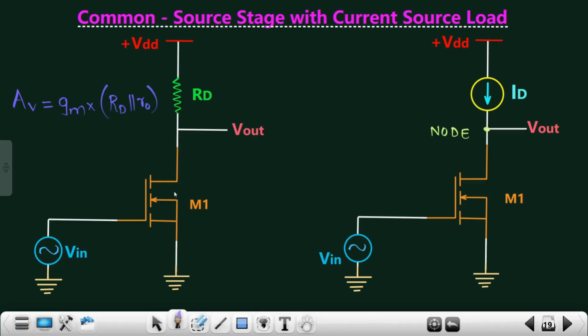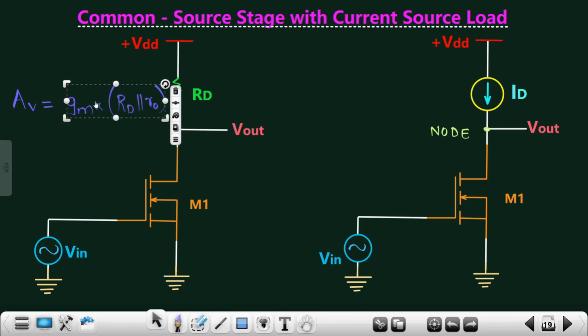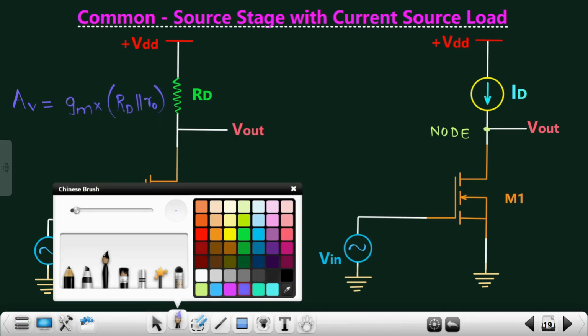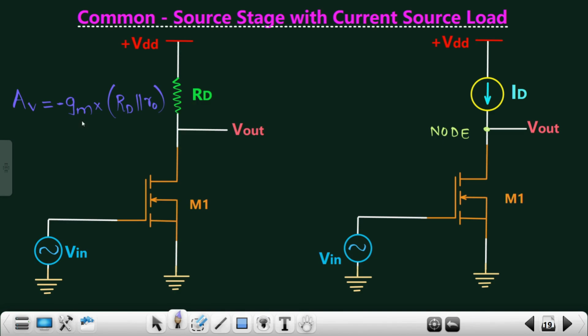So you see the gain remains the same over here as well for this particular circuit. Instead of RD we have RO2, right?